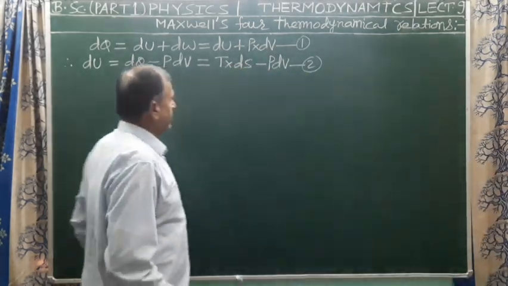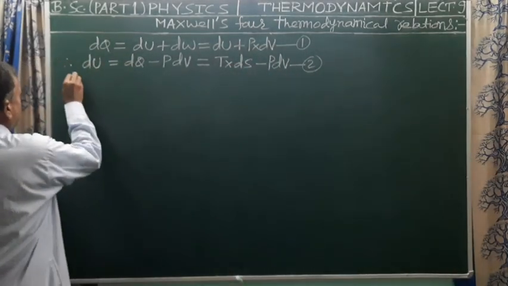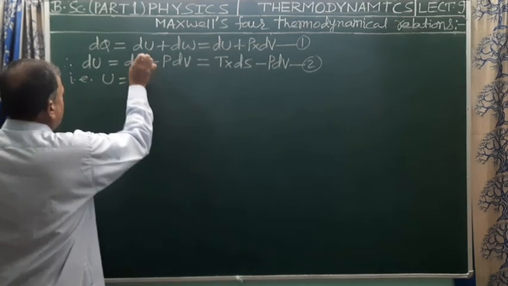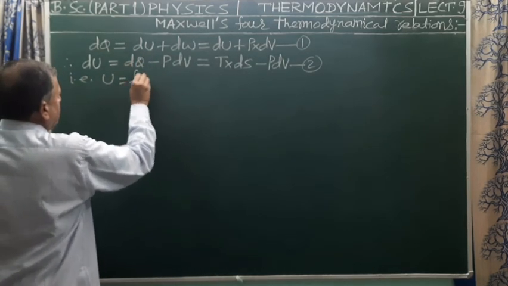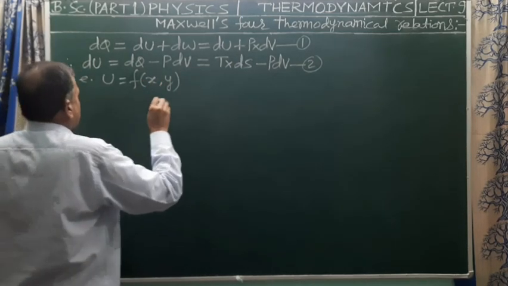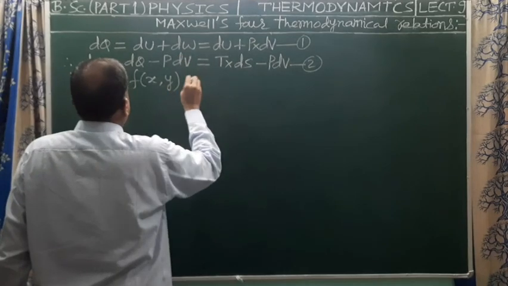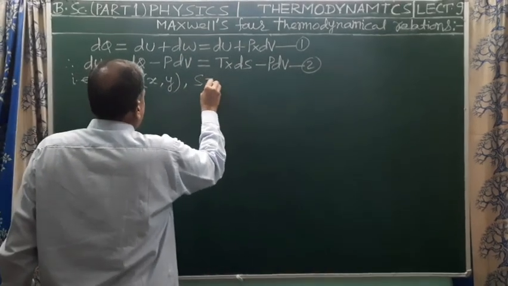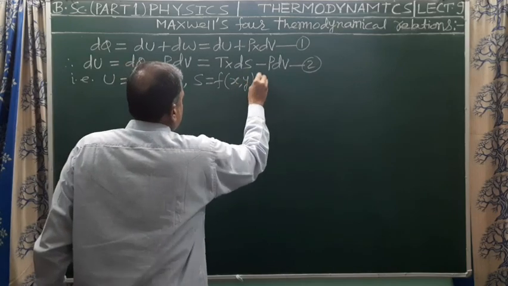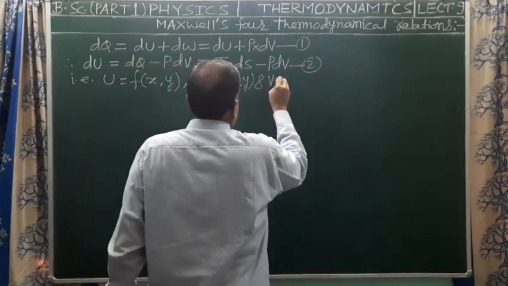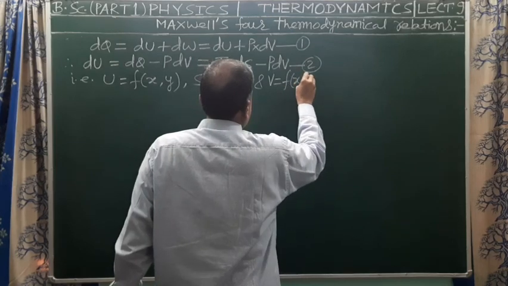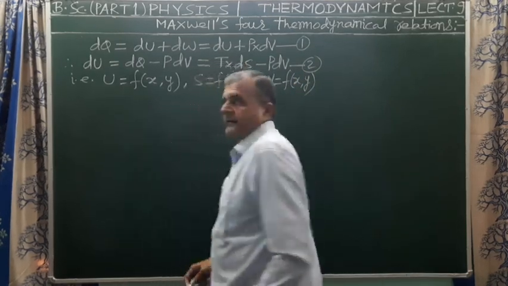So we can write U is a function of two variables x and y. Entropy S is also a function of x and y, and volume of the system V is also a function of two variables x and y.